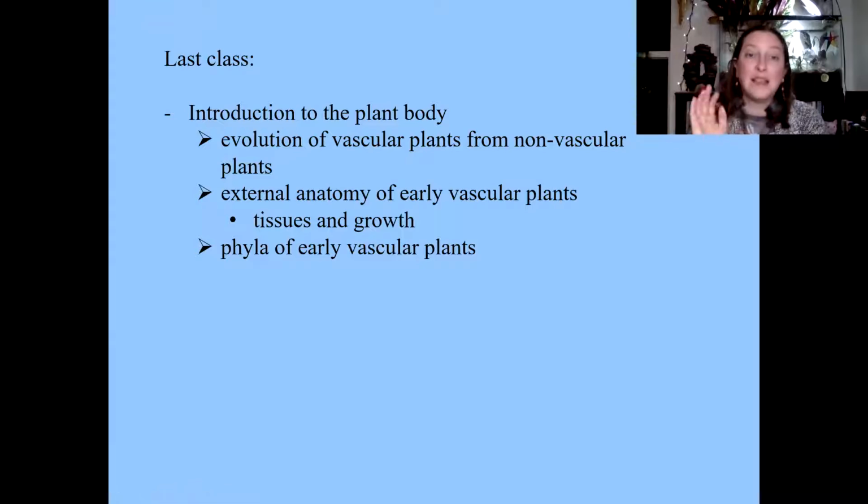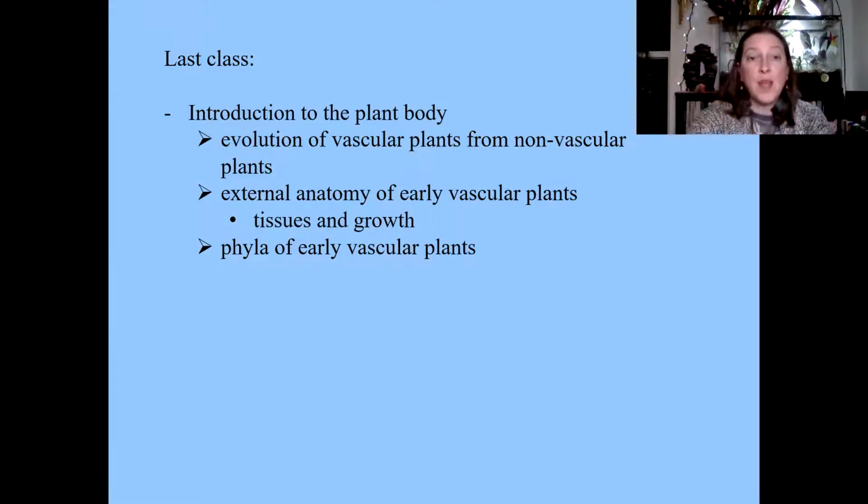Enough about that. Last time we went through the introduction of the plant body, so we looked at what steps were involved in the evolution of vascular plants from the non-vascular plants. We talked about some anatomy, cells, tissues, as well as external anatomy like shoot system and root system.